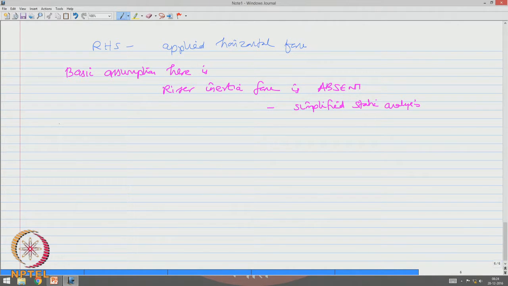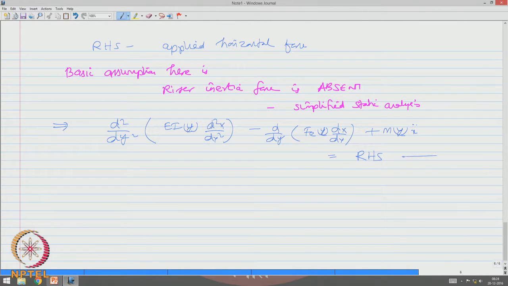Therefore, equation now reduces to d square by dy square of E I, function of y, d square x by dy square, minus d by dy of f equivalent of y dx by dy, plus m of y x double dot is some value on the right hand side. I call this as equation number 8a, it is a modified form.